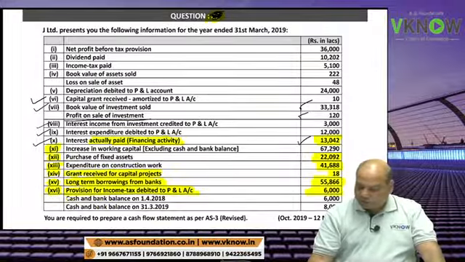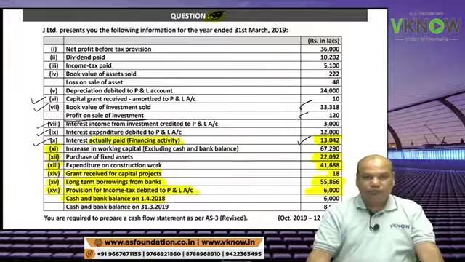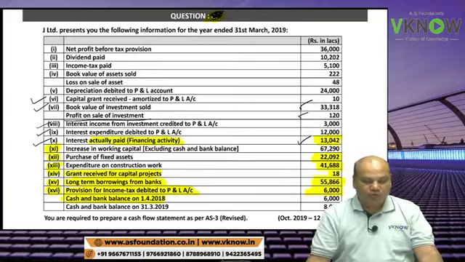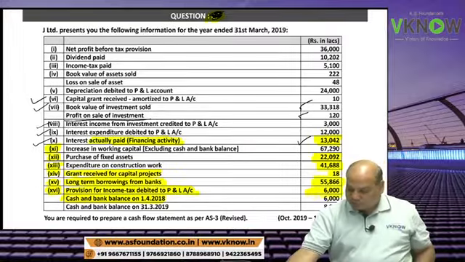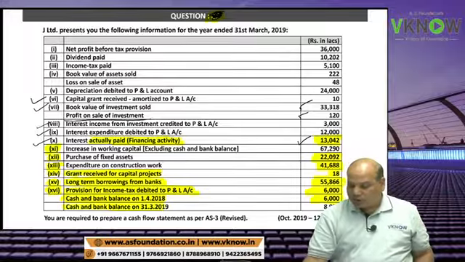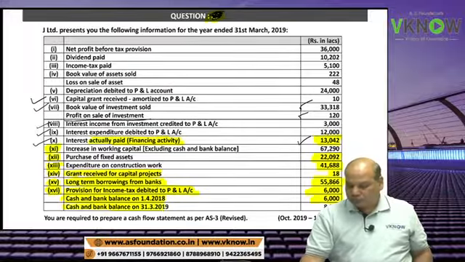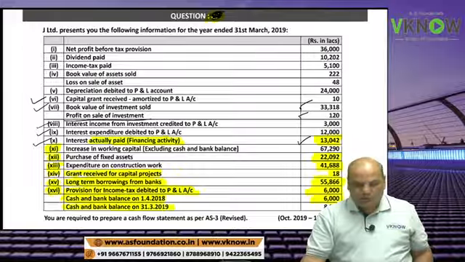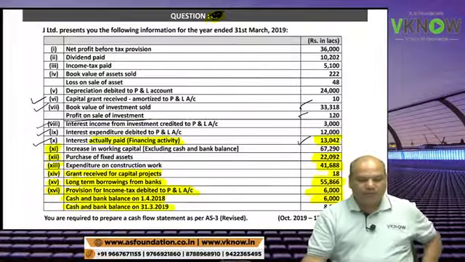Then last two lines: cash and bank balance on 1/4/18, 6,000.